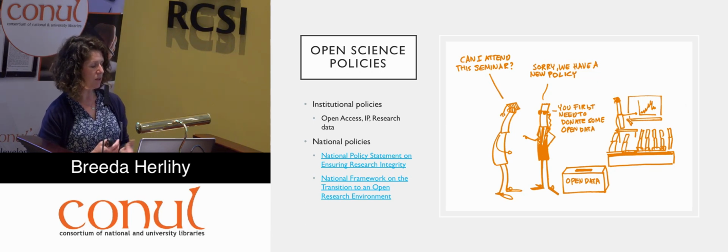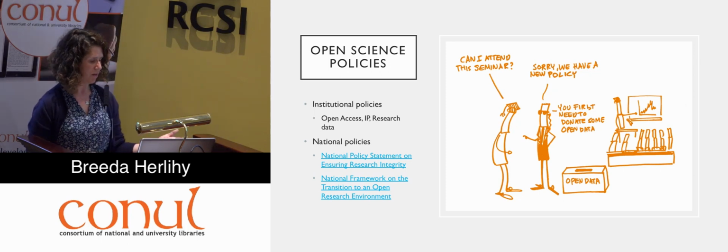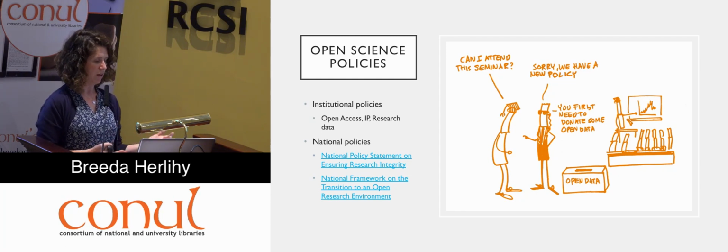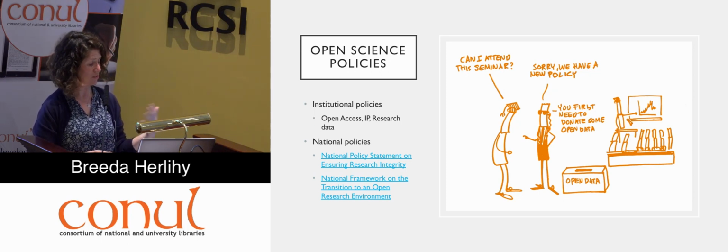So in UCC we have an open access policy, an intellectual property policy, a research data management policy, and we're also informed by the national policy statement on ensuring research integrity. So these all feed into the behaviours of researchers and in so doing improve the chances of open science succeeding.